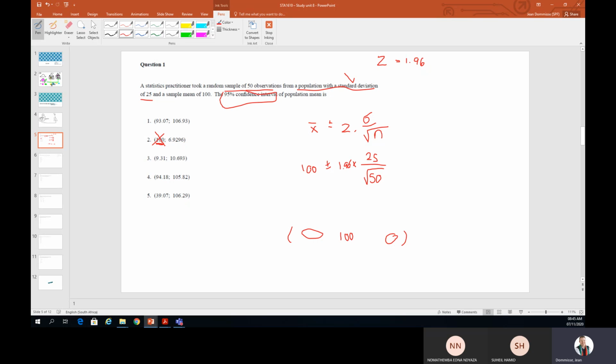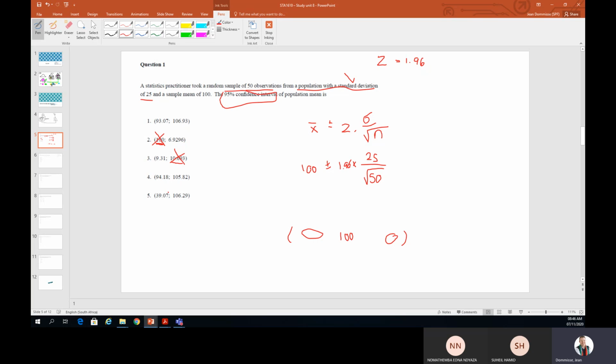That is out of the question. An upper confidence level of 10 will not work because you need to have it bigger than 100. So I'll take that out. Those two are between 100, but 100 needs to be in the middle.